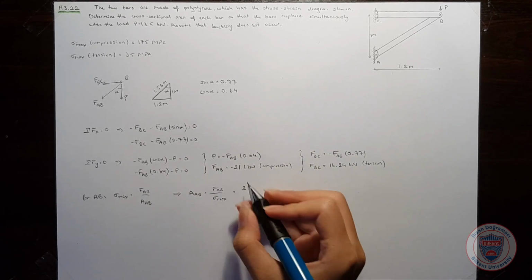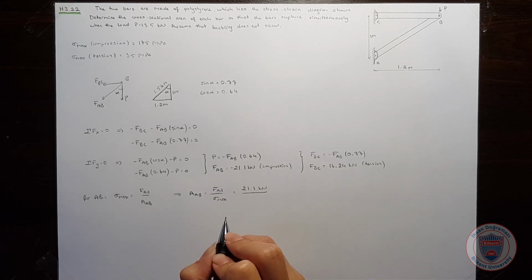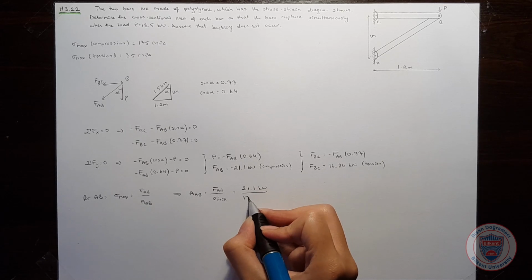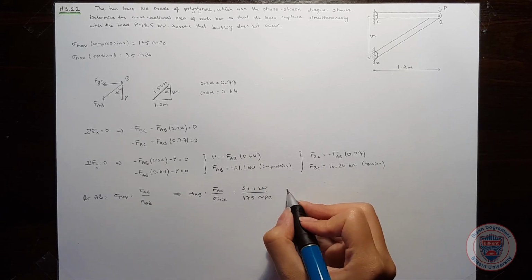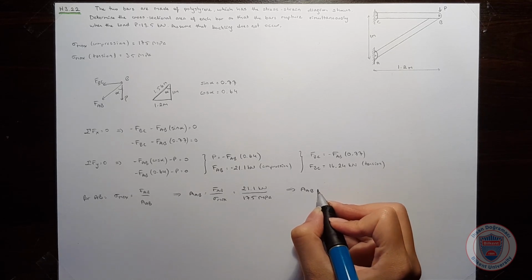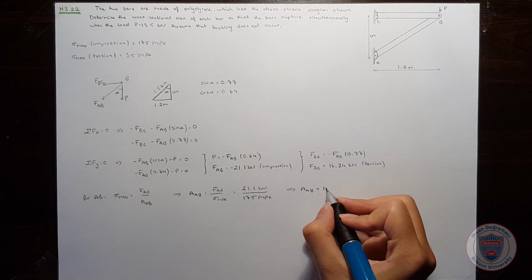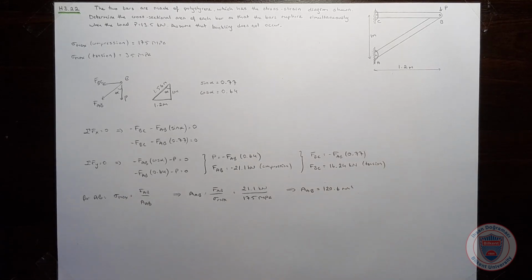We know that FAB is equal to 21.1 kilonewtons, and the stress is 175 MPa. So the area of AB will become 120.6 millimeters squared.